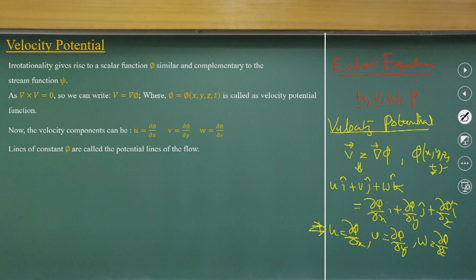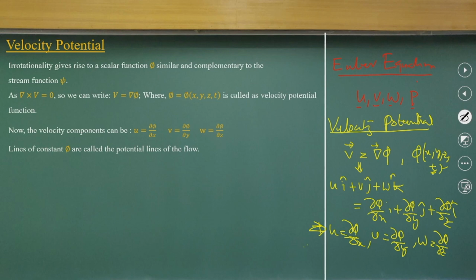So, the velocity potential function you have defined is a single function which has space and time, but using that single function as its gradient, the partial derivatives with respect to x, y and z respectively represent u, v and w.